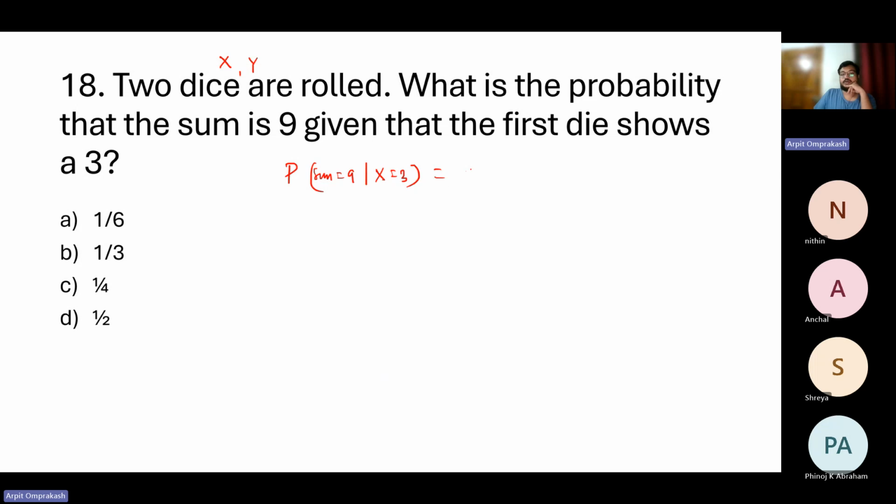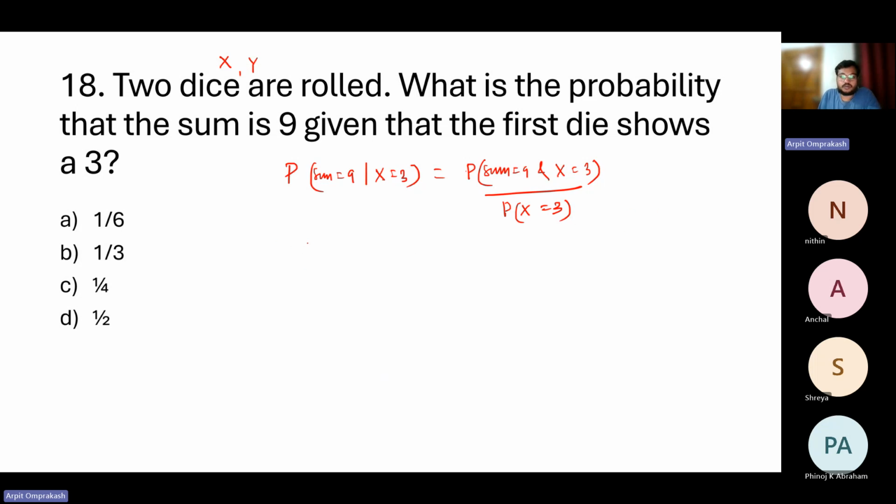This is a conditional probability, and this will be the probability that the sum is equal to 9 and x equal to 3, divided by the probability that x equal to 3. So we can make these calculations and arrive at the value.